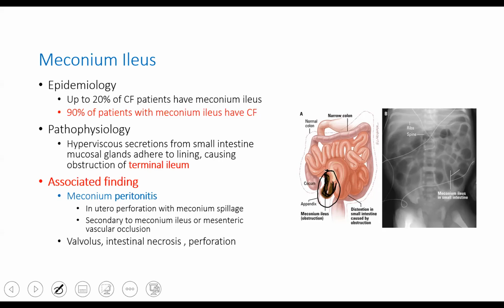That's called meconium peritonitis. The second associated finding could be volvulus or intestinal necrosis, because the stool can cause a kind of ischemia and can end up with either perforation or necrosis.